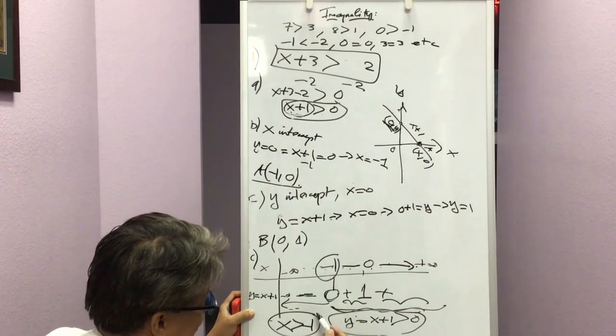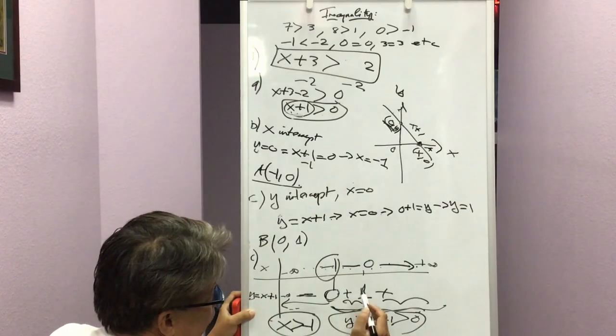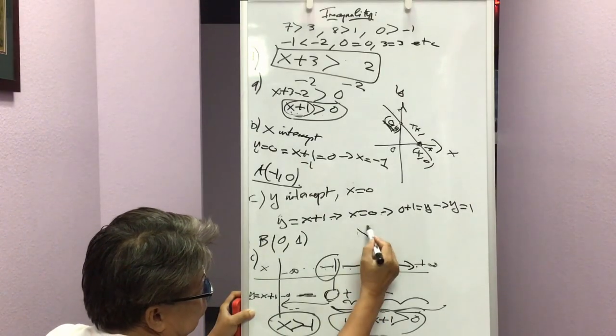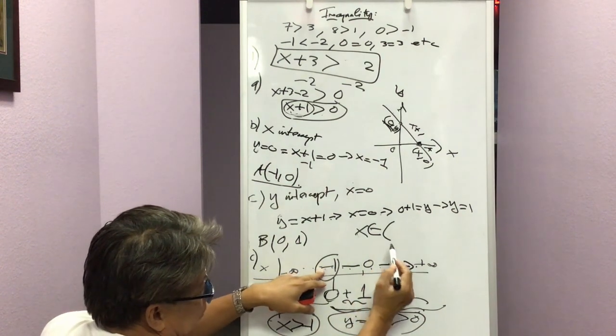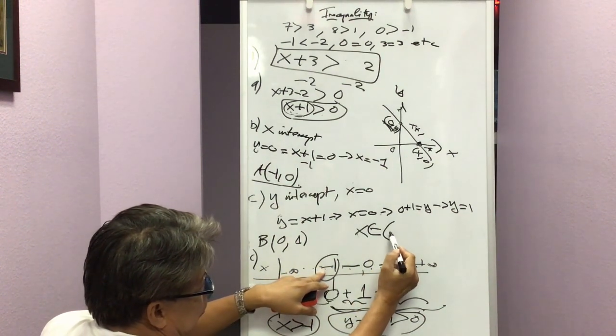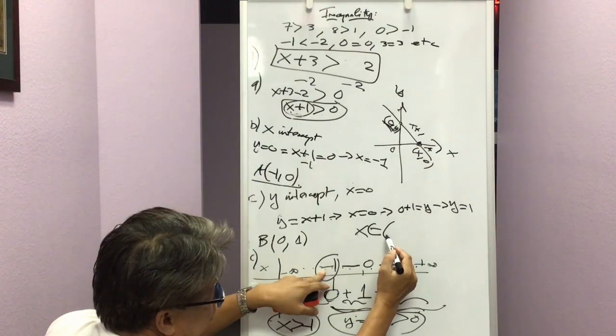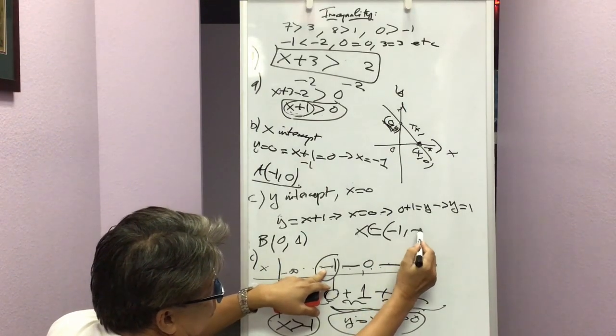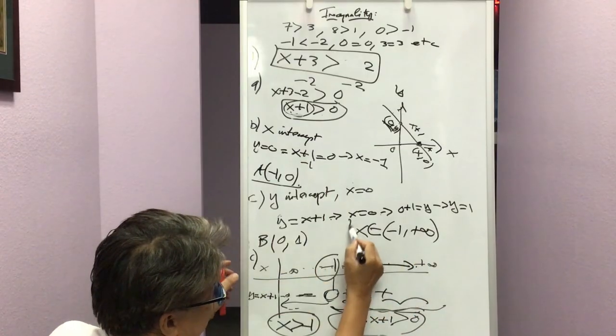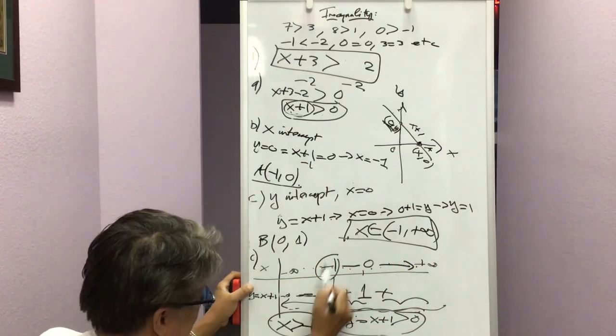Or you can write it in interval notation: x belongs to the open bracket, negative 1 to plus infinity. So either you write this or you write this.